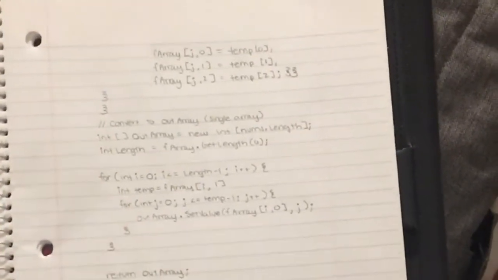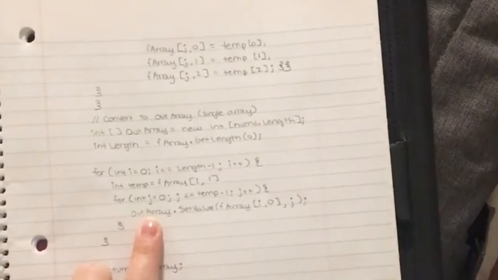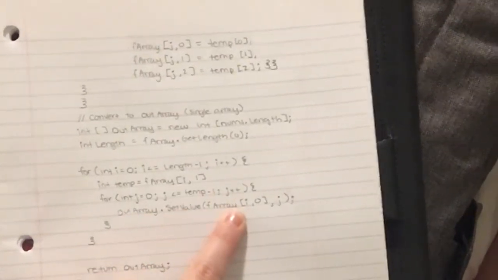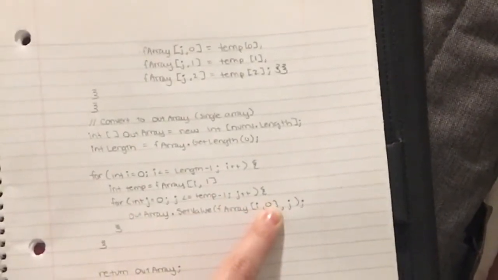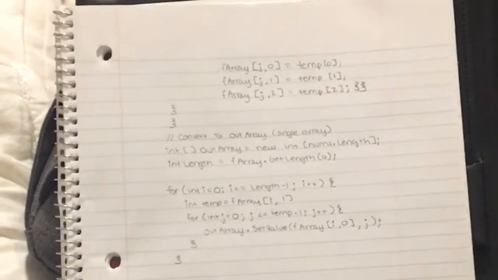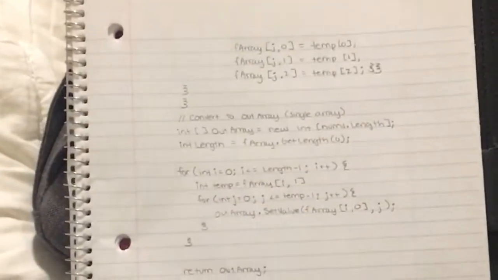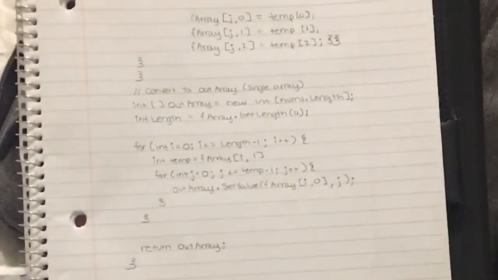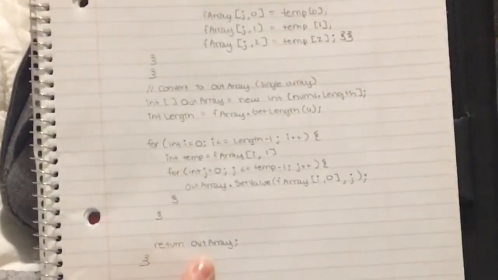So for that number of times that it occurs, we're going to set the value equal to the number at that index. So let's say it's 8 and the frequency is 3, we're going to loop 3 times and add 8 at, say, index 0, 1, and then 2. And then loop through to the next number. And then finally we will return our out array.